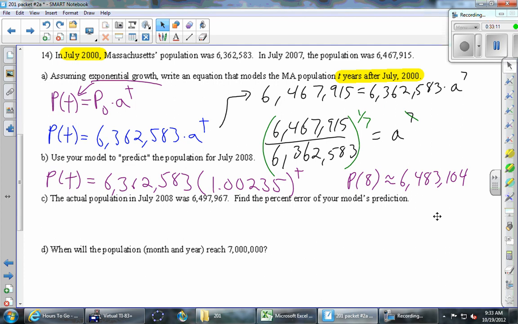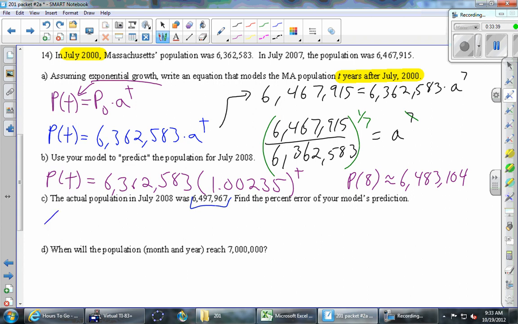Okay, and then in part C, it says the actual population in July 08 was this number. And so we can then see how far off our model was. So we're trying to compare the number we just wrote in purple with this number in black in the problem. So percent error, I think you guys used it on the exponential population project.